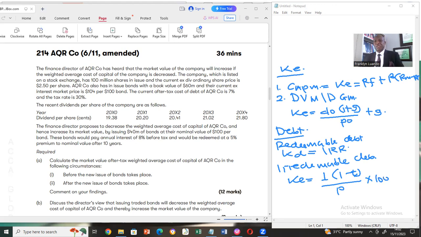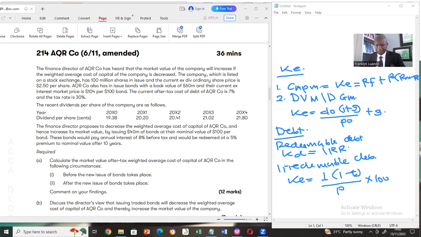So under this formula, we have interest. The interest is based on the par value of the debt, and normally that is 100. So interest is based on the $100, which is the par value of the debt. Then we have the T. T is the tax component, which is expressed as a decimal.